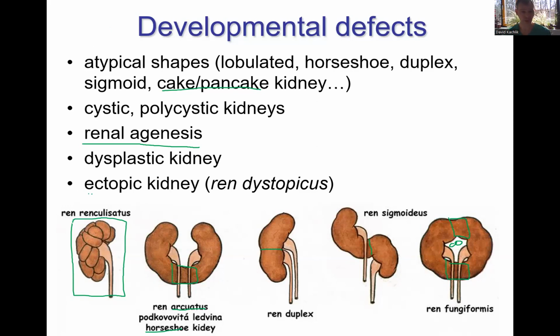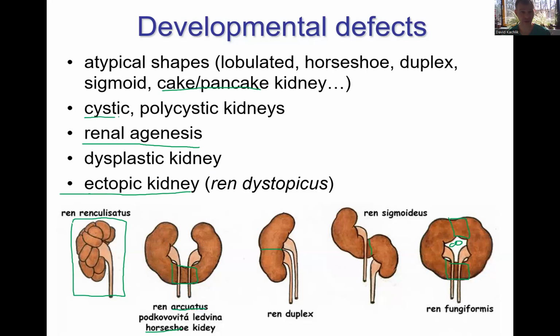We can have an ectopic kidney in a different position. In Latin, it's called a dystopic kidney, and I showed you before the scintigraphy scan that it can be located in the pelvis. Don't forget that in the pelvis, we can also find a transplant kidney. So a kidney in the pelvis can be either dystopic or ectopic or a transplanted kidney.